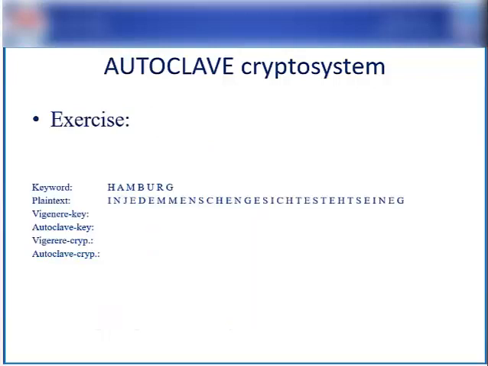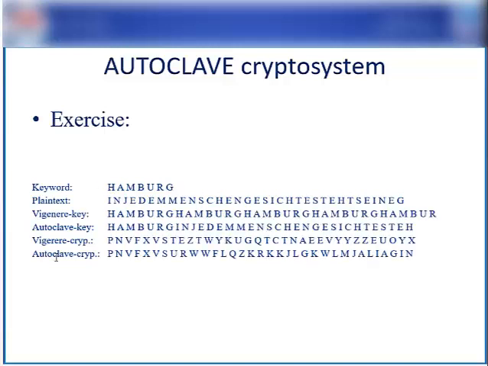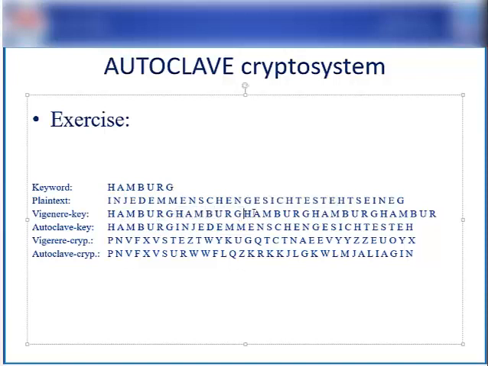Let us see how the cipher works on an example. Suppose that we are encrypting this text using the keyword Hamburg. If we were working with the Vigenère cipher, we would repeat the keyword as many times as needed to encrypt the whole plaintext.